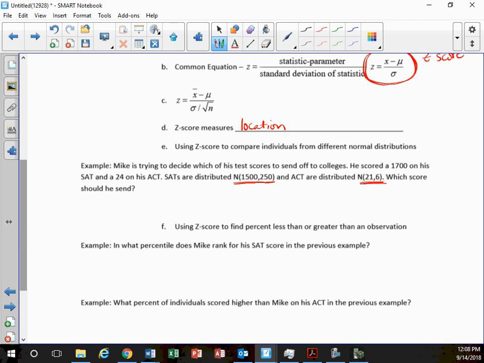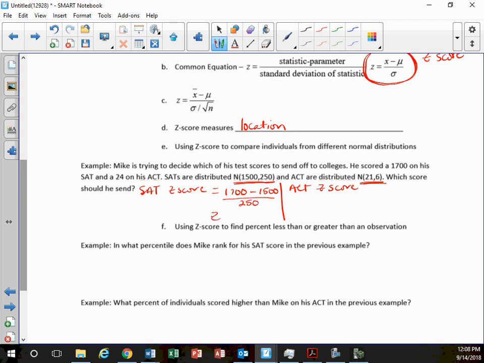So let's find the SAT Z-score, and we'll find the ACT Z-score. All right, so for the SAT, what was his score? Okay, so 1,700 minus, what was the mean? 1,500. Divided by, what was the standard deviation? 250.